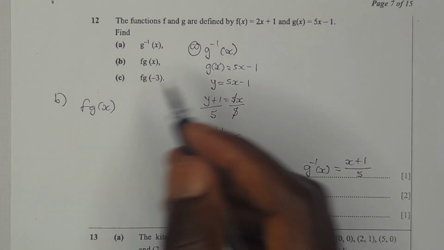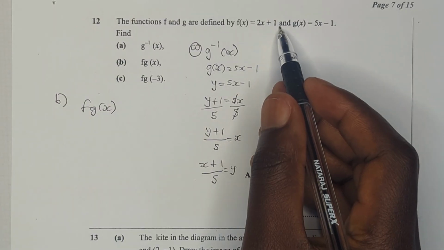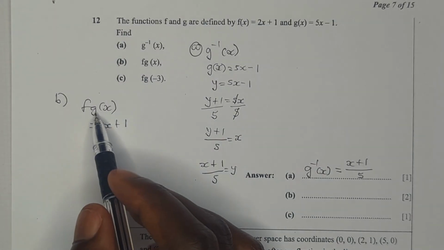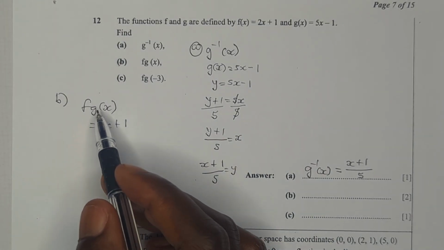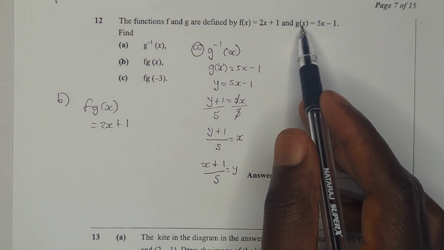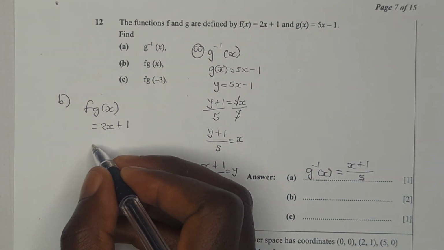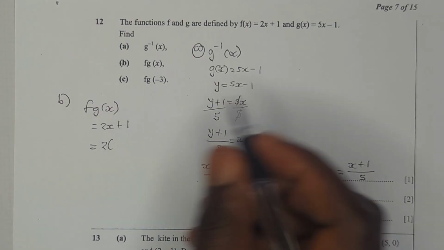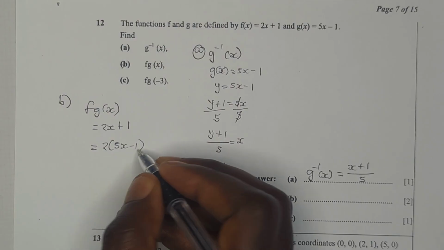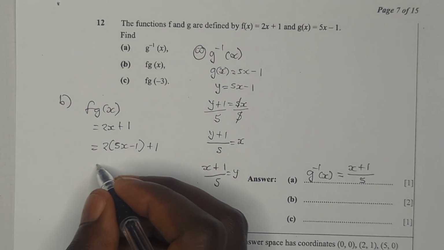So here that is f, so we get the equation for f of x, which is 2x plus 1. Now what follows is g of x. So this means that we are going to get the equation of g of x and replace it where there is x. So this will be 2 open brackets, 5x minus 1, plus 1.